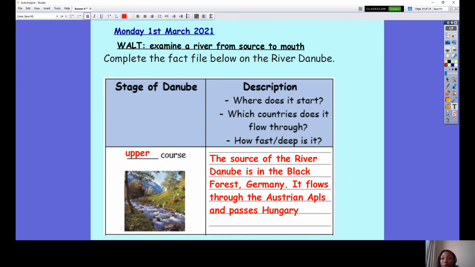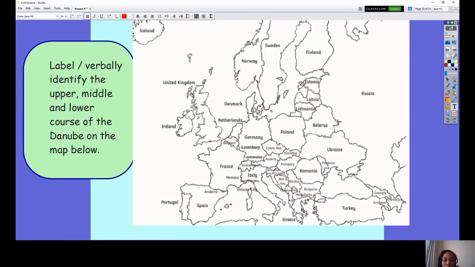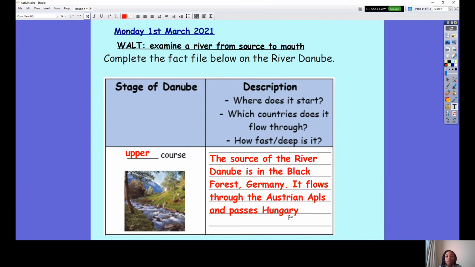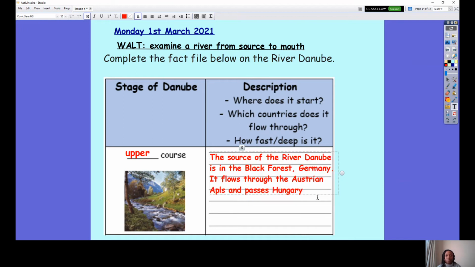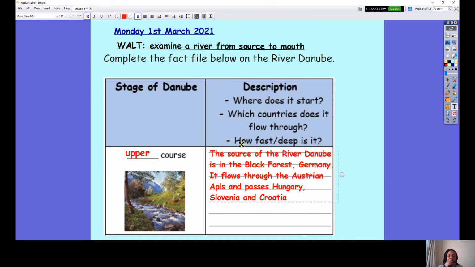And I can also go back to my map and use my map to help me as well. If my River Danube starts in Germany's Black Forest and it flows all the way to Hungary, can you see what countries it's passing? So I can see it passes Slovenia and Croatia. So it started in Germany's Black Forest and it's passing these countries. So I'm also going to say it passes Slovenia and Croatia. I'll just make my writing a little bit smaller. Hungary, Slovenia, and Croatia. And I'm just going to make this a little bit higher.